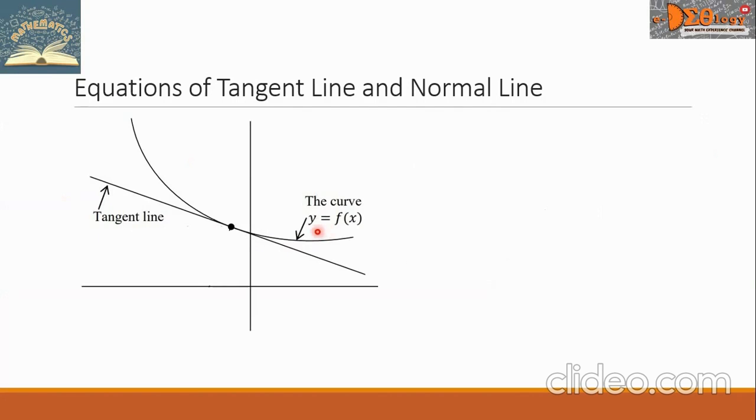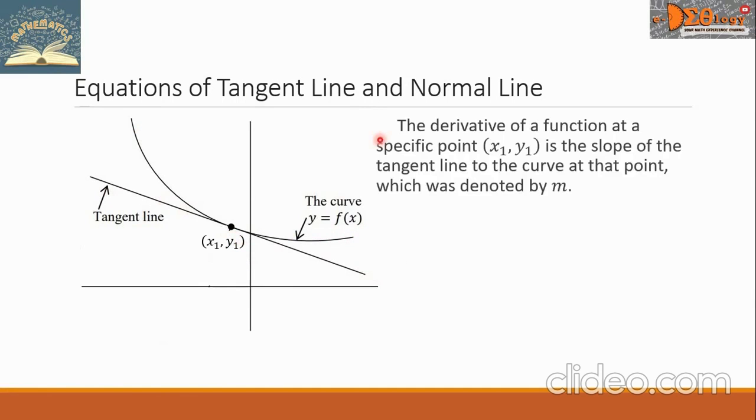Given the function y equals f of x, and this is the curve. Now we have a tangent line that intersects the curve at the point x sub 1, y sub 1. The derivative of the function at a specific point x sub 1, y sub 1 is the slope of the tangent line to the curve at that point, which was denoted by m.